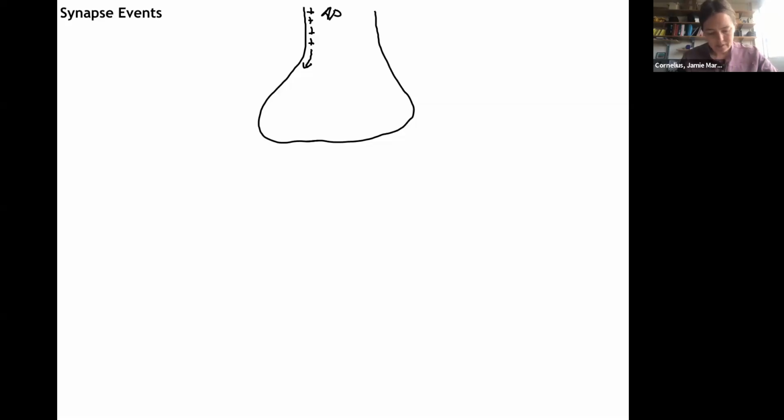And once it reaches the synaptic terminal, there's voltage-gated calcium channels present. So they're just like the voltage-gated sodium channels, except for when they open, they allow calcium to come into the cell.